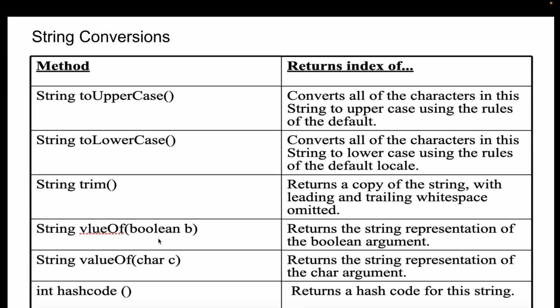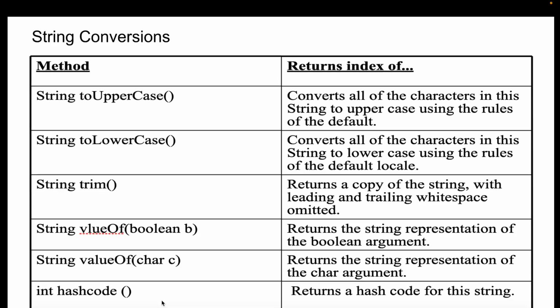String value of, string hash code. This basically returns a hash code for the string. So hash code is some kind of like address value or integer value that is provided for any Java object. So any Java object has a hash code, and hash code basically is an integer value that must be true if the same method is being called on the same object each time.